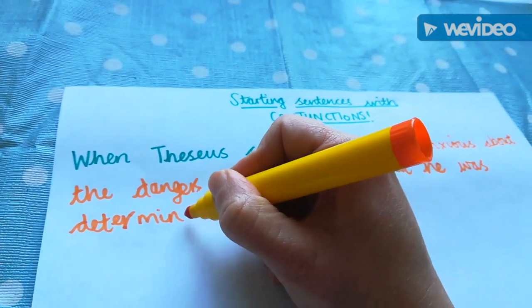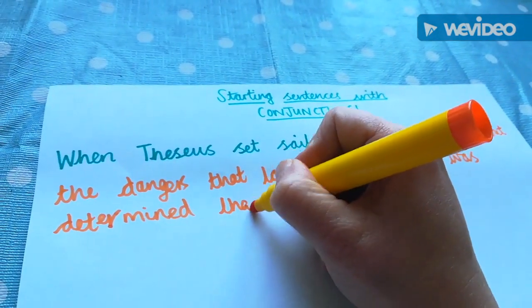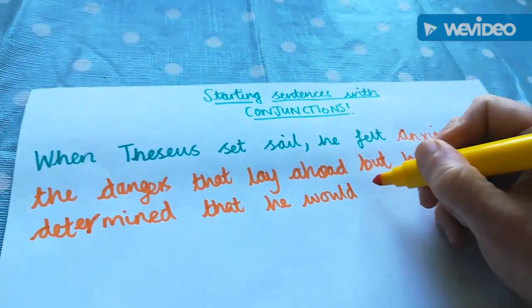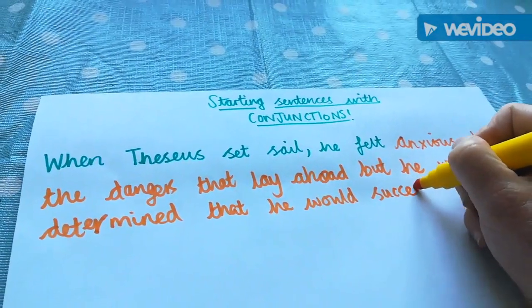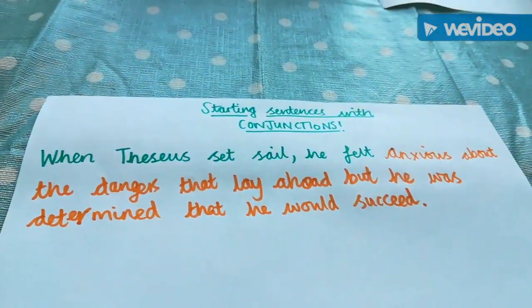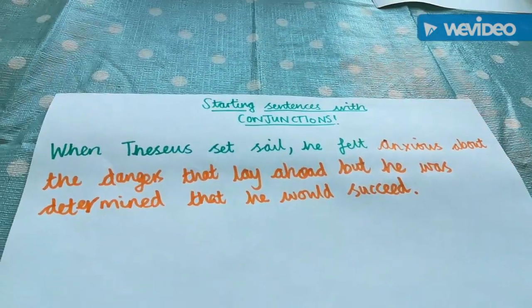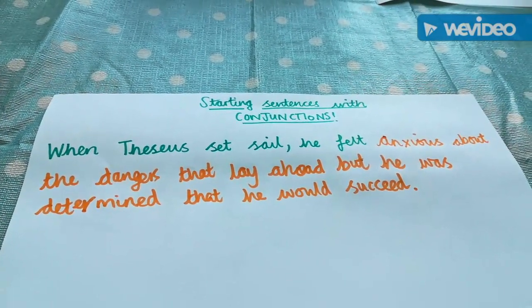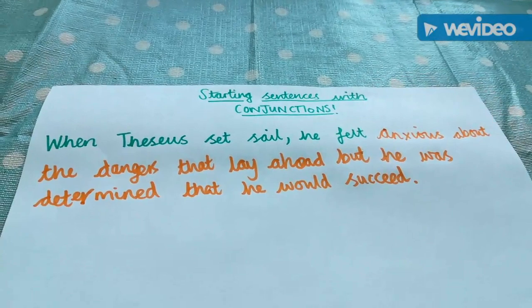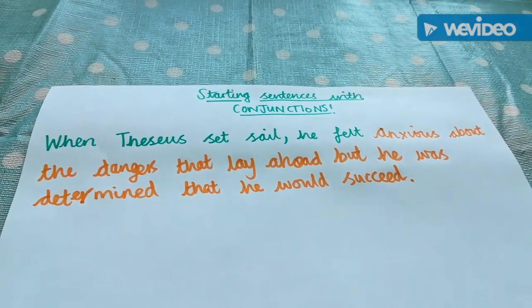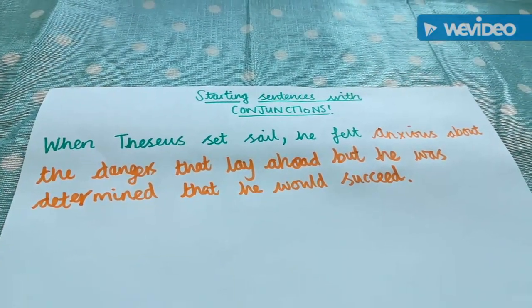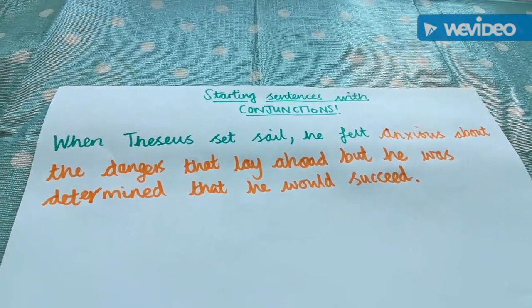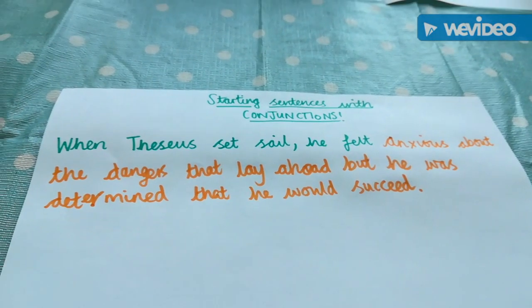Determined that he would succeed. So you might think for this sentence about two emotions that you could use to describe how Theseus is feeling when he sets sail. And then once you've done that sentence, I'd like you to have a go at the other sentences with conjunctions. Once you've finished that, the next box has some other adverbs and conjunctions for you to use to write some other sentences about Theseus and the Minotaur.